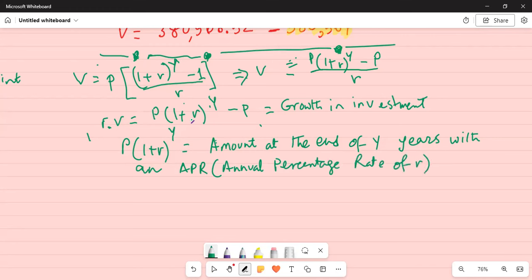Okay, so the first term on the right, this is the first term on the right. And the second term on the right is just P, the amount invested each year.